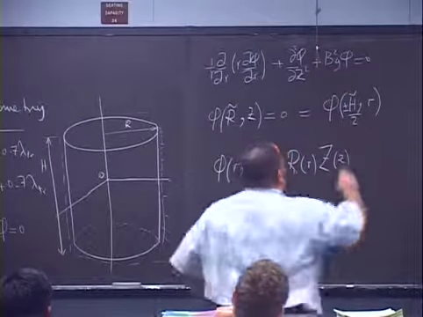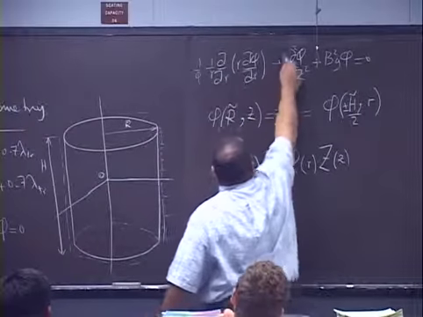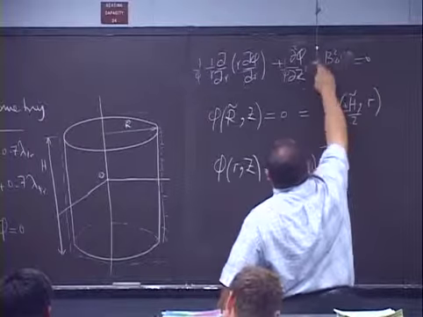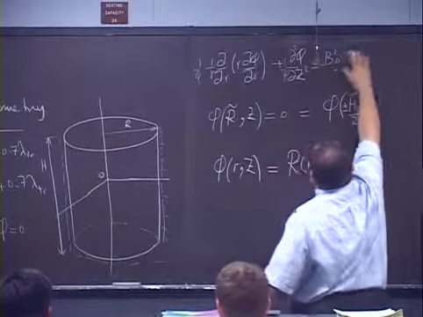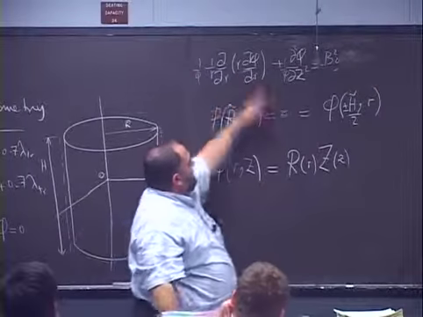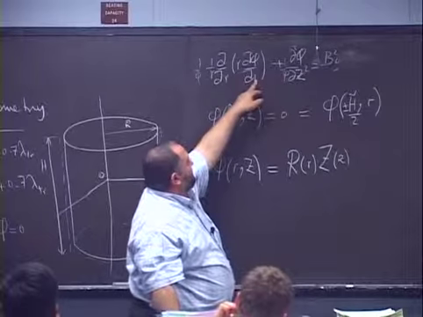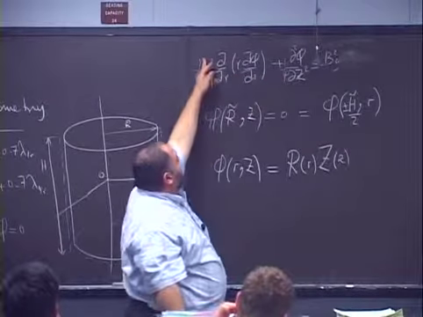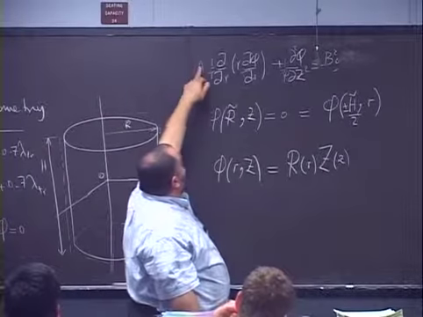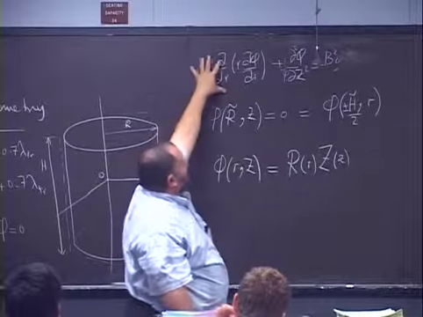If you just divide those 2 equations by phi here and by phi here, and take phi from here and move it to the other side, this will give you negative B squared. Then try to substitute phi, which will be R and Z, but Z is constant because you are differentiating with respect to r, so Z will come outside, and Z from up will cancel Z from down, and you will have 1 over R, and this function is r only.